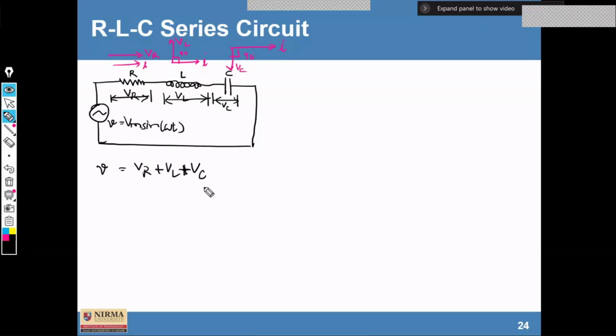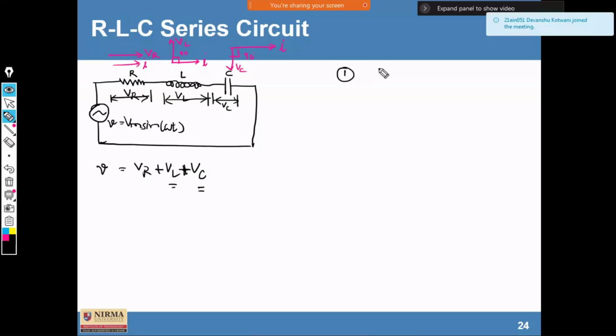Now these two different voltage drops, VL and VC, depend on the frequency through XL and XC. So there are basically three conditions. The first is when VL is greater than VC, or XL greater than XC.